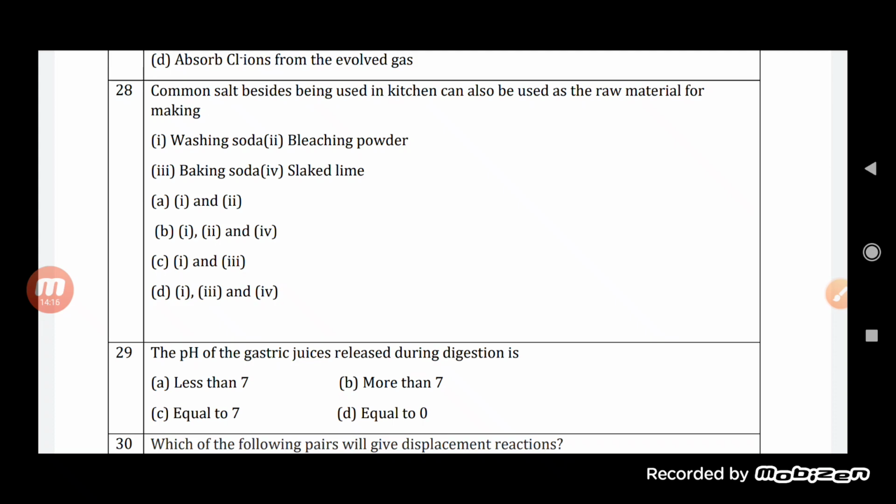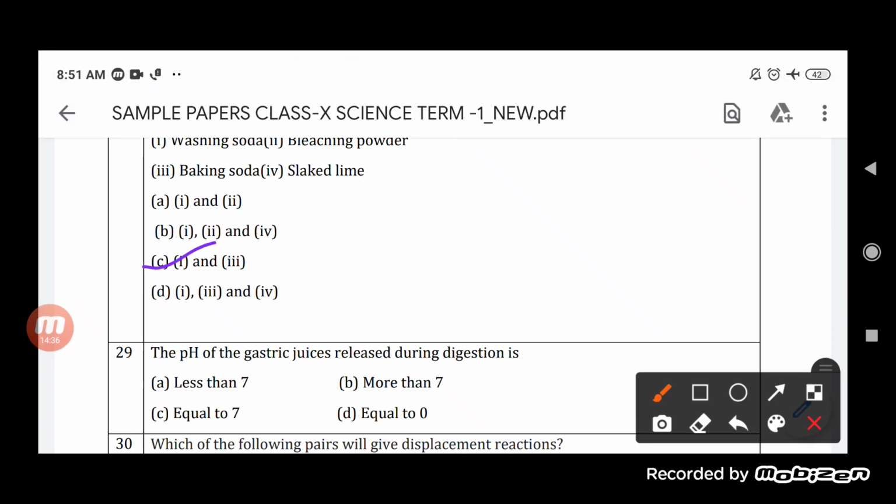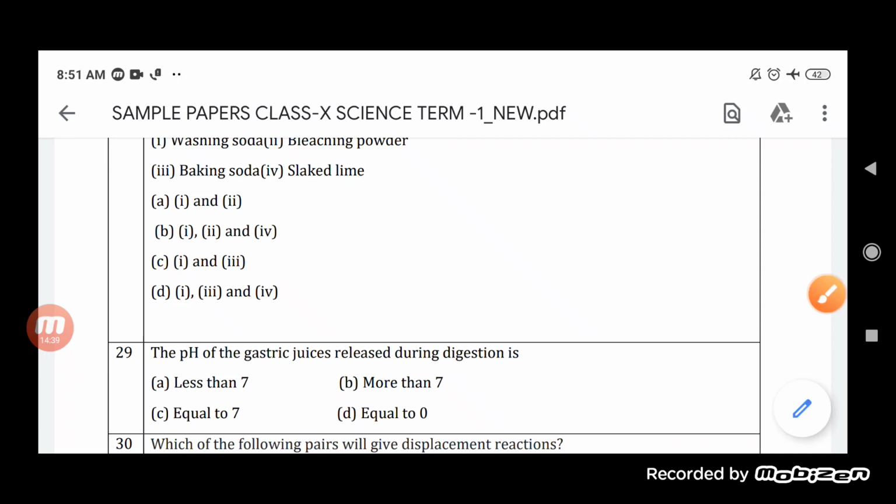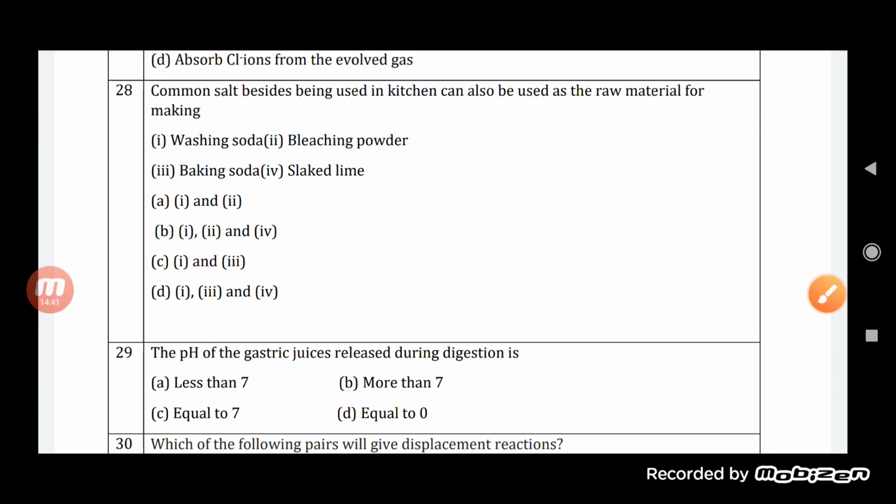Slaked lime is formed when water is added to lime. So according to that, the first and the third will be the correct options, in which washing soda and baking soda are made from the raw material.